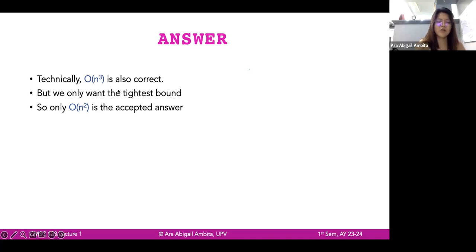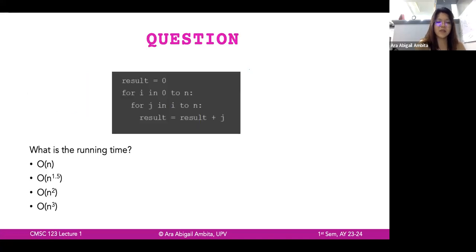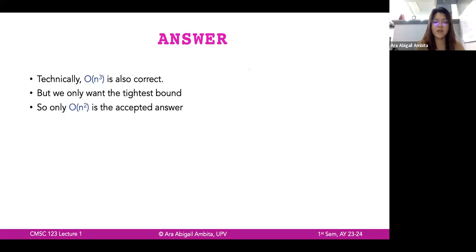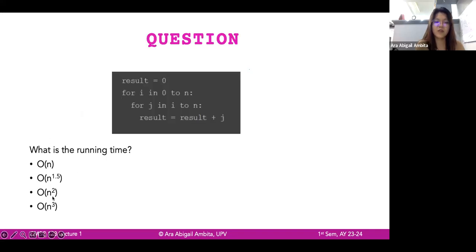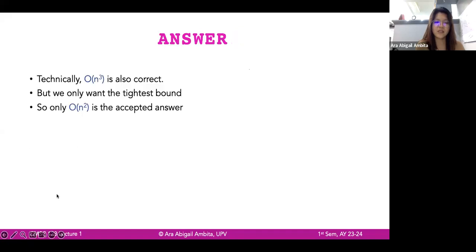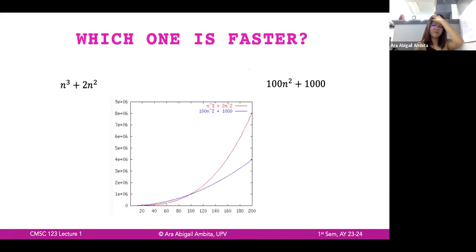So this algorithm can also be bounded by n cubed, or n raised to 4, or n raised to 5, or 2 raised to n, but we don't want those functions. What we want is the tightest bound, which is closest to our approximation, which is n squared. All right, so we already went through this example before.